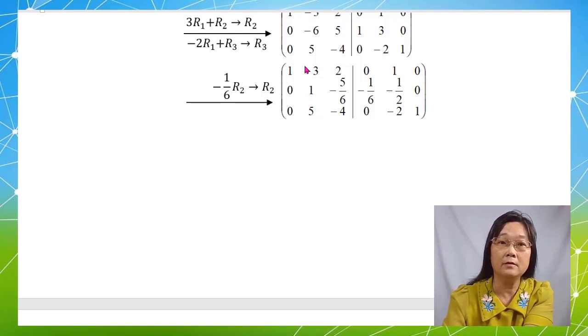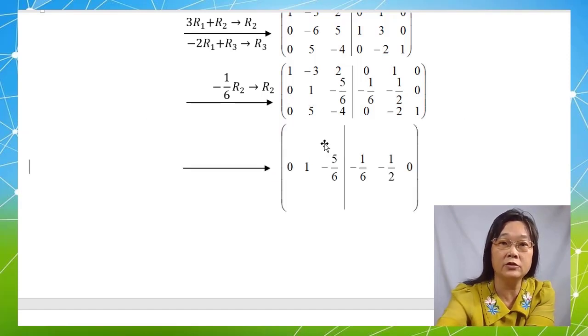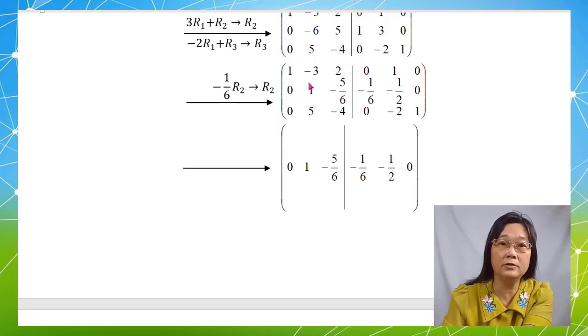So means all the elements in row 1 and row 3 will change, but all the elements in row 2 will remain unchanged. Here you can either change negative 3 to 0 first, followed by 5, or you can change 5 into 0 first, followed by negative 3. So here I decide to change negative 3 to 0 first.